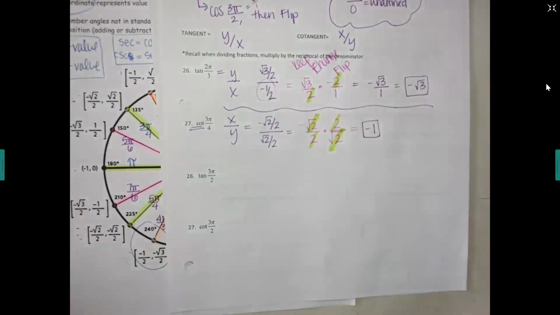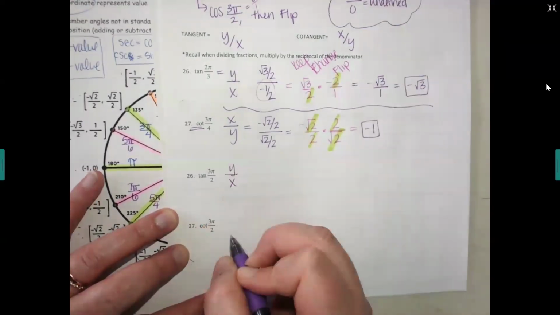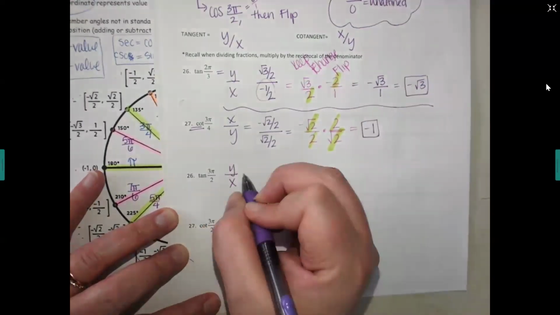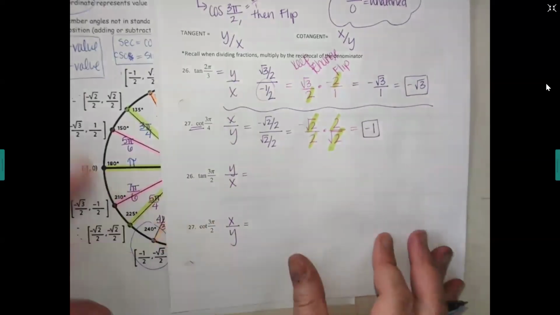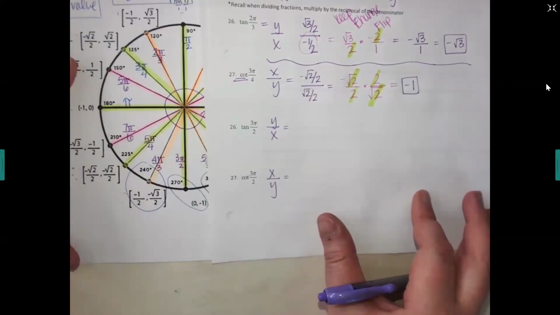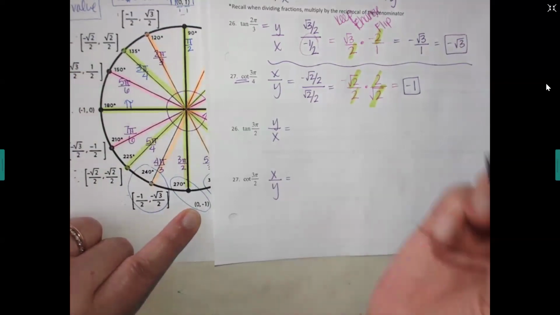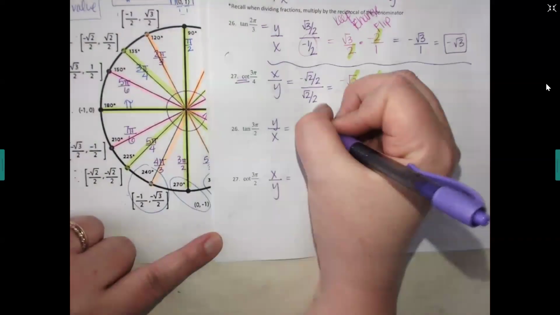Last two, find 3π/2. Okay, and then fill in your numbers. Tan is y over x, cotan is x over y. 3π/2 is the bottom of your circle. What will my fraction say for y over x? -1/0.